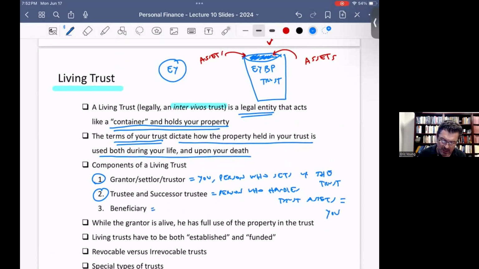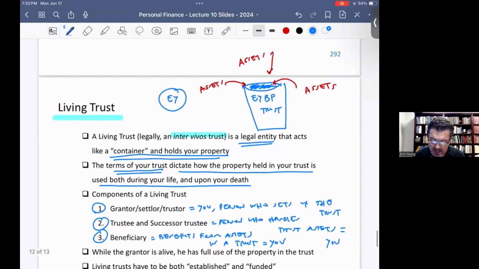And the beneficiary is the person who benefits from the assets in a trust. When you die, your heirs, the people who get all your assets, those are the beneficiaries. But get this, once again, in this really cool little legal fictitious entity, while you're alive, you are also the beneficiary.